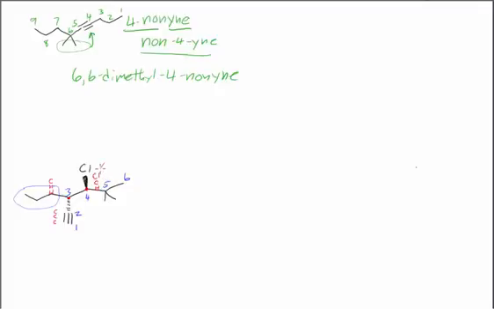And so the chlorine here gets highest priority, so that should be number 1. Number 2 is the alkyne, number 3 is the propyl group, and number 4 is this hydrogen. I'll put that in here, we don't have to. And so that gives us a clockwise rotation, but again the hydrogen's in the front, so it should really be counterclockwise. This is S, so we have a 3S.